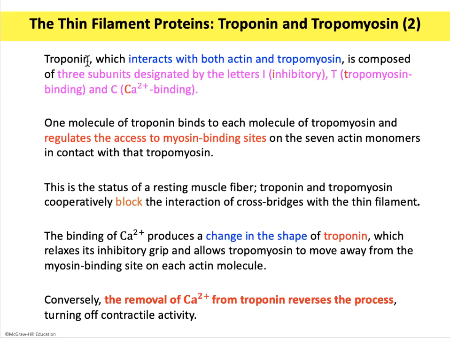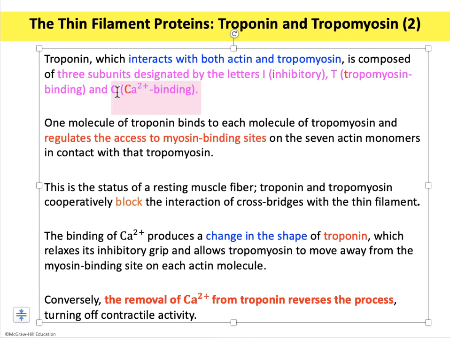The troponin itself is composed of 3 subunits of protein designated as I, inhibitory, T for tropomyosin binding, and C for calcium binding. And the last one gives you a clue as to how the system can be activated.